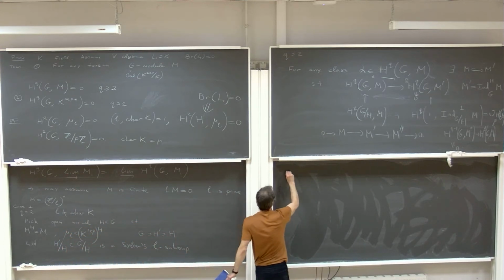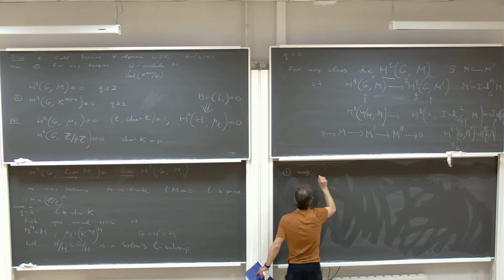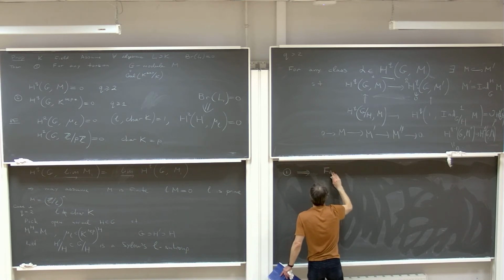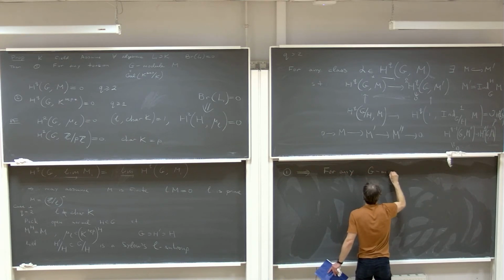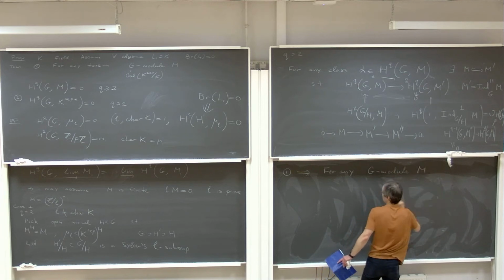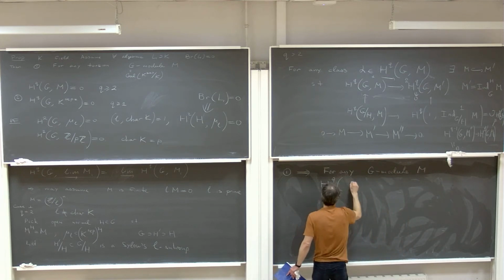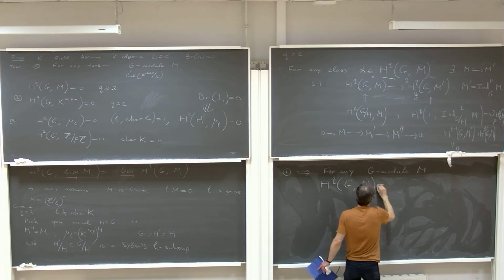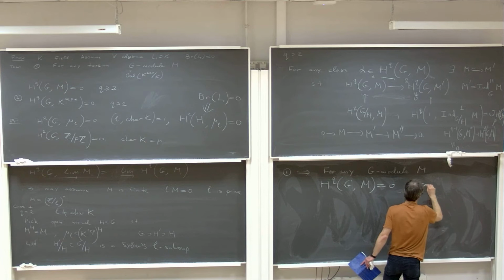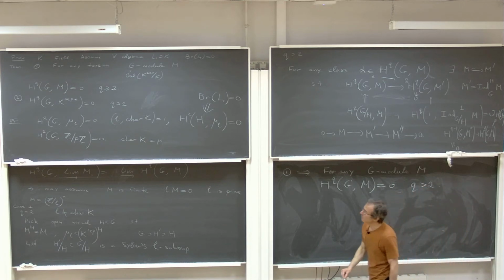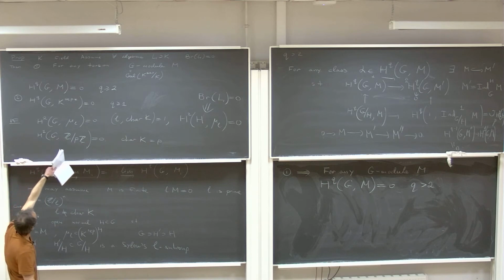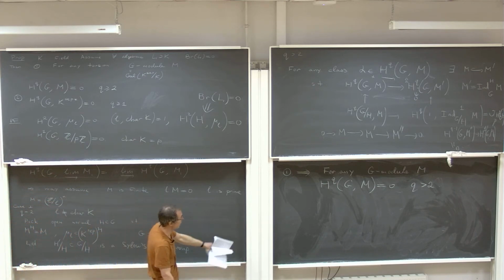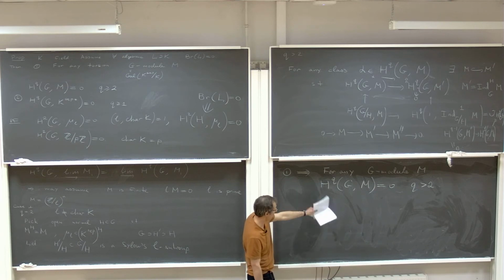And now I claim that 1 implies that for any G-module M, H^q of G with coefficients in M is 0 when q is strictly greater than 2. If M is torsion, then q is actually greater or equal than 2, and here I need strict inequality. It follows quite formally.